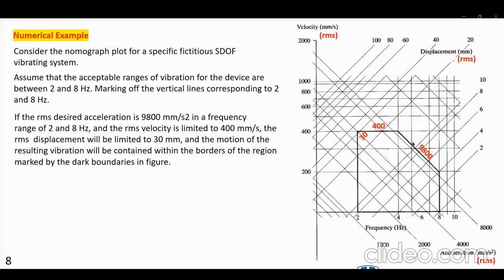Anything below, to the left of it, is acceptable. So right now we are between 2 and 8 hertz and below 9,800 millimeter per second squared. And the RMS acceptable velocity is 400 millimeter per second. This horizontal line, this is 400, limits the velocity. So you must be below 400, to the left of 9,800, and between these two vertical lines. So this is an acceptable region for that device, based on the specifications given.